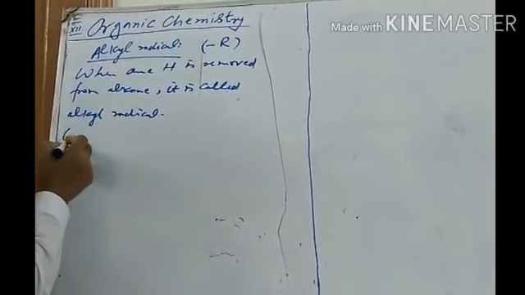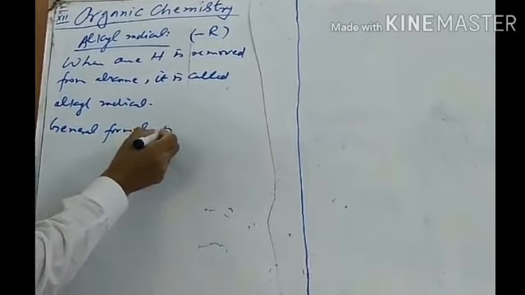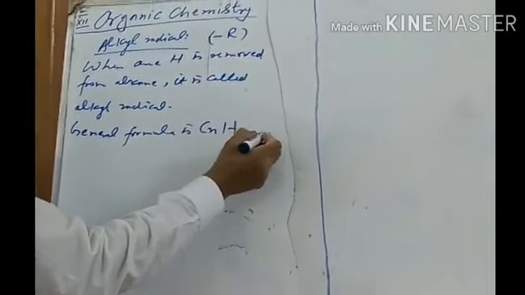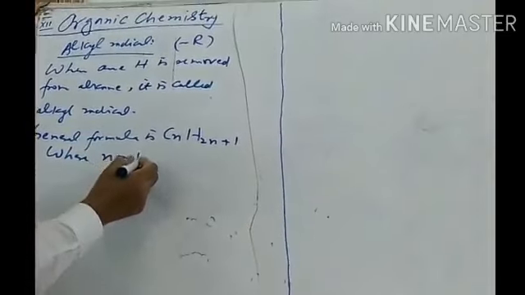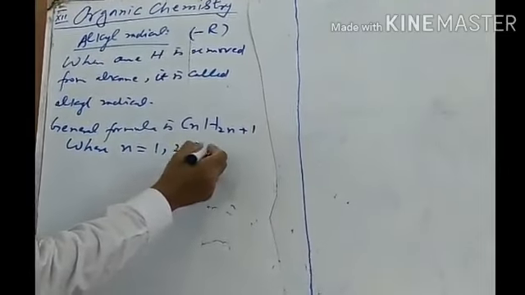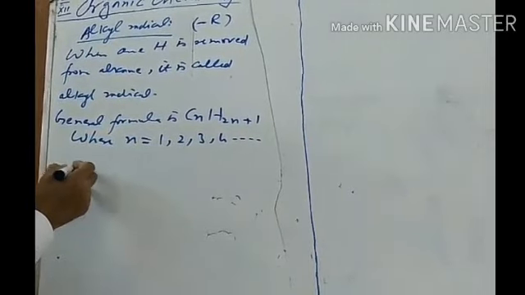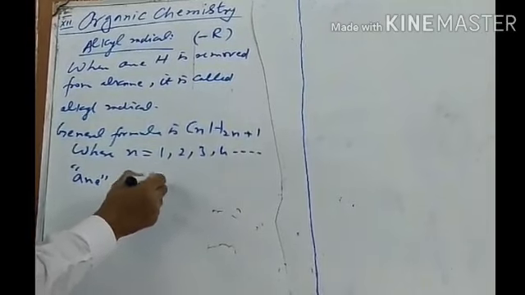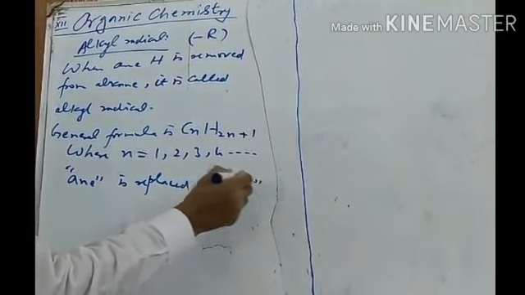So the general formula is CnH2n+1, where n is equal to 1, 2, 3, 4 and so on. In this case, the ANE of alkane is replaced by YL.